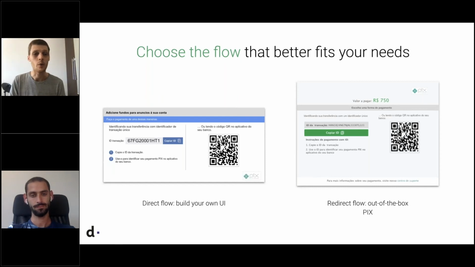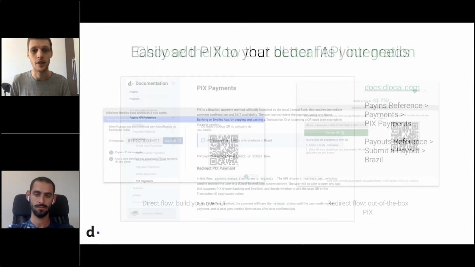Basically, we will send you through the API all the information needed to basically paint the page as you'd like, with all the guides that we will provide to you, also for presenting the QR code or the transaction ID for the Copia Cola solution that we've just seen, or using the redirect flow where you can redirect the user to the PIX payment page to have the options of payments, whatever you like. It's already there for you.